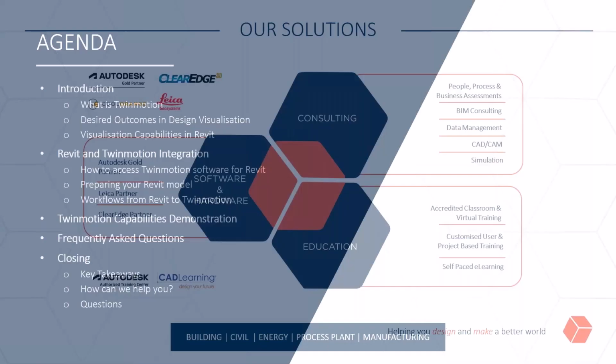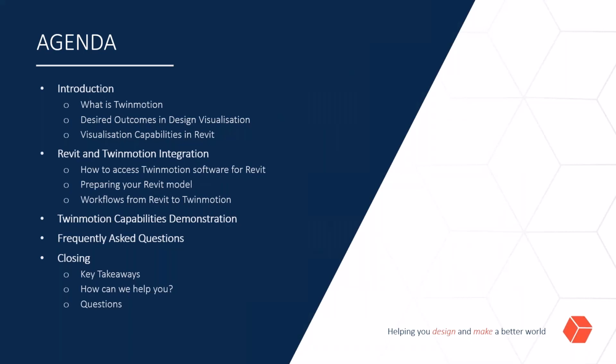Just to continue, just to give you a little bit of an agenda for today, we will start off with an introduction, look at what is Twinmotion, the desired outcomes in design visualization, the visualization capabilities in Revit, as well as moving on to Revit and Twinmotion integration, how to actually access it, preparing your Revit model for taking it into Twinmotion, and then the actual workflow from Revit to Twinmotion.